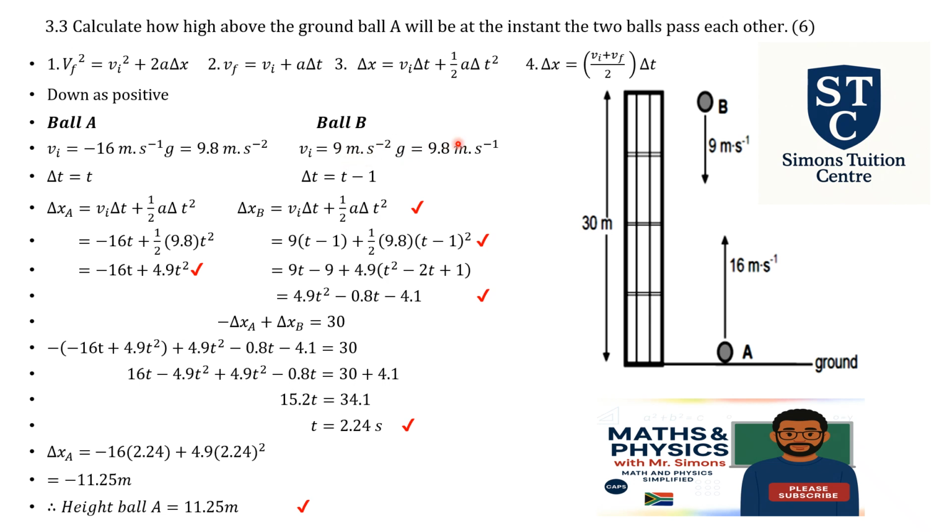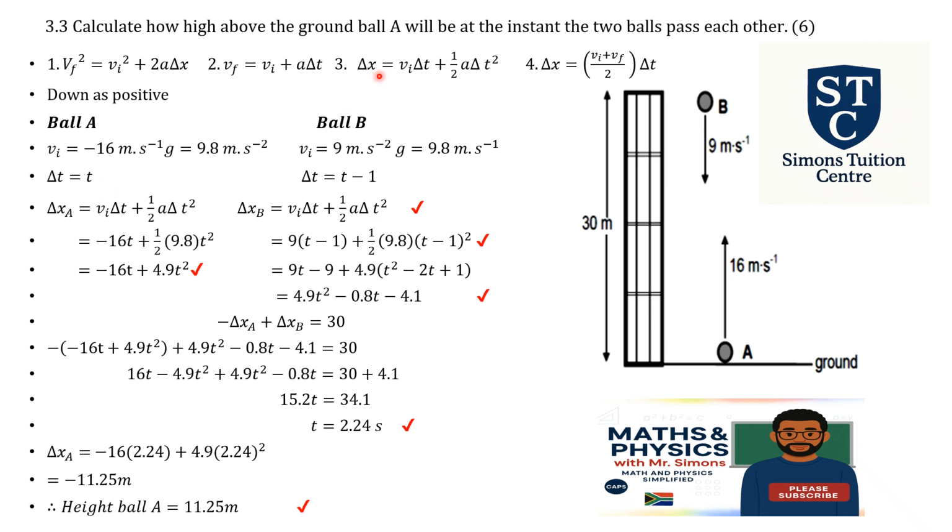Gravity 9,8 meters per second squared, but because it's thrown 1 second later, we subtract that 1 second so that they leave at the same time. So the change in time equals t minus 1. I have initial velocity, gravity and time, and I want distance, so how high?